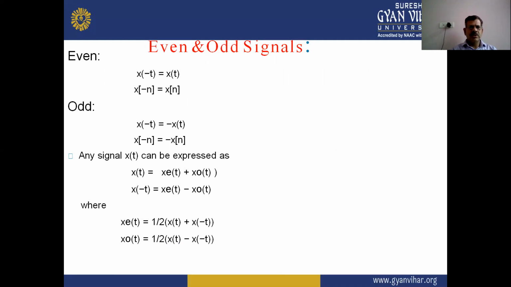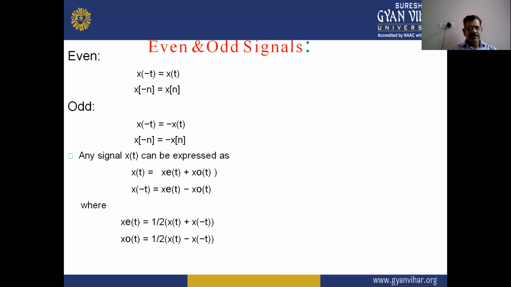Also, even and odd signals. An example of even signals: if x(-t) = x(t), this is an even signal, and x(-n) = x(n) is also an example of even signals. Next one is the odd signals. In an odd signal, x(-t) = -x(t) and x(-n) = -x(n). These are the examples of odd signals.